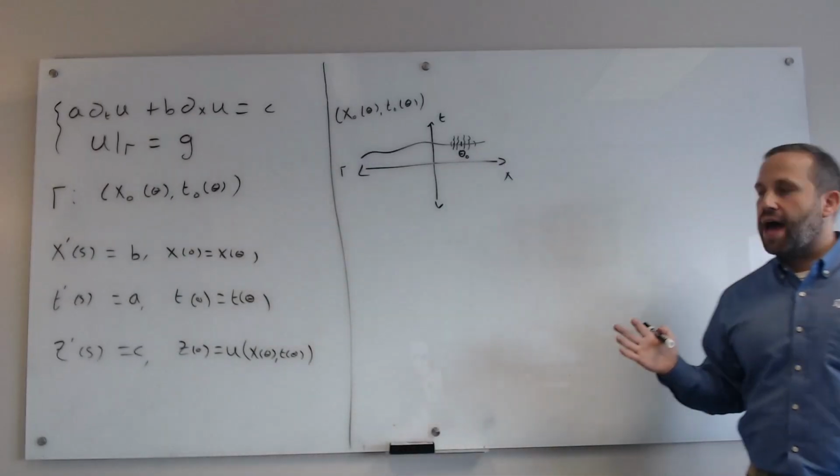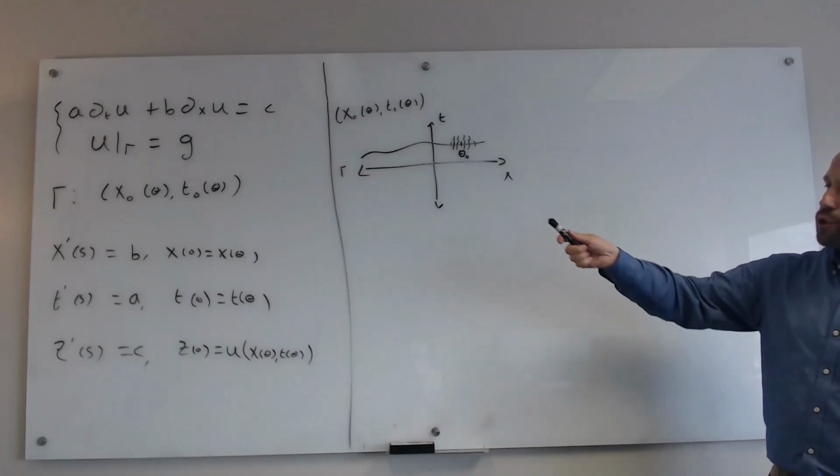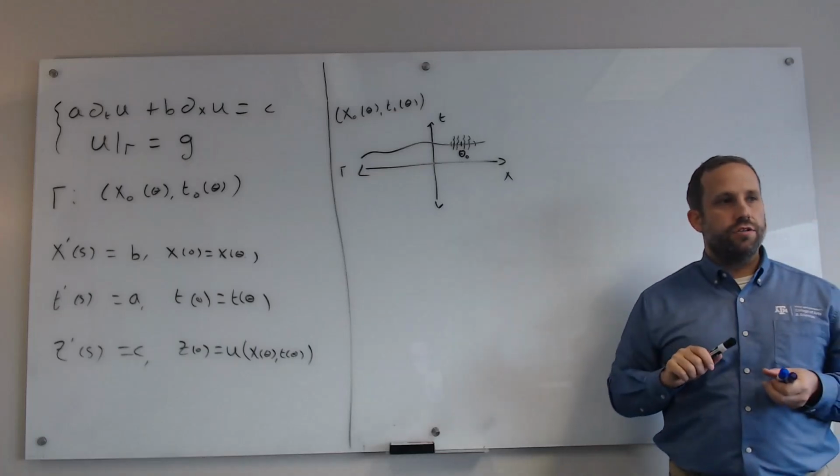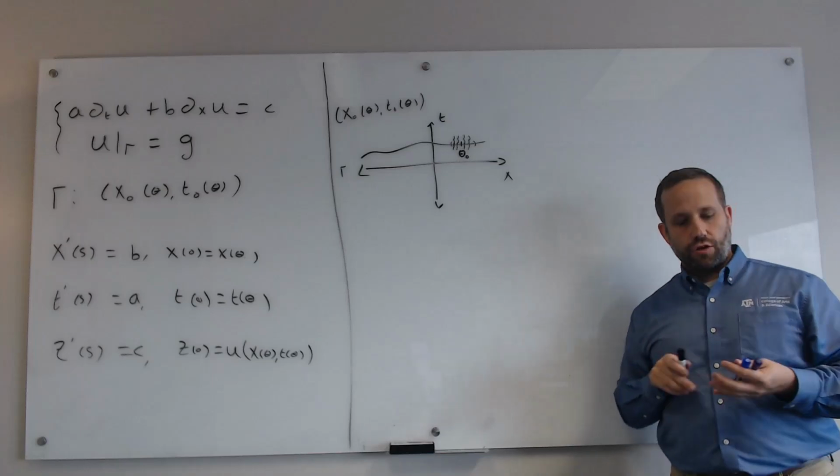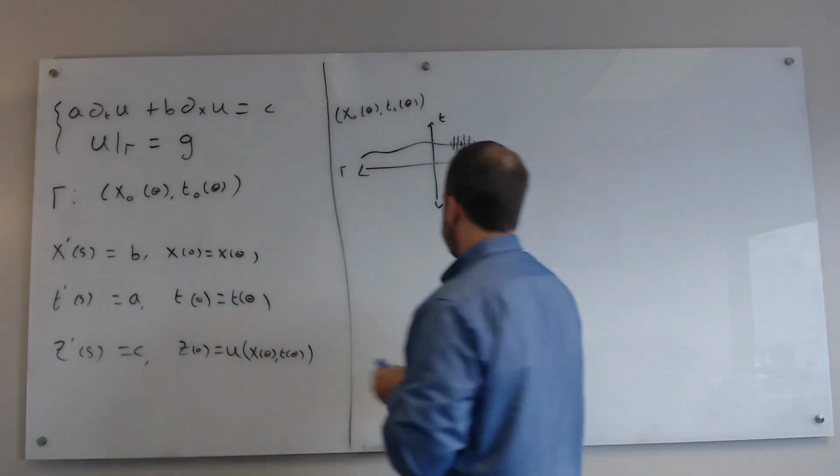So what we want is to ensure that the vector (b, a) is never parallel to gamma. This is called the non-characteristic condition. Here's a definition.